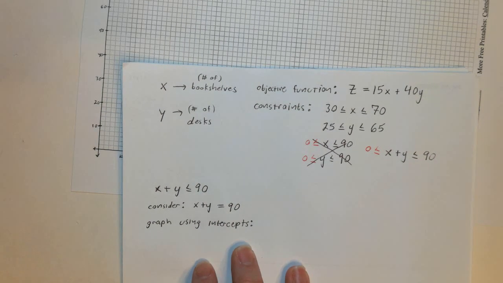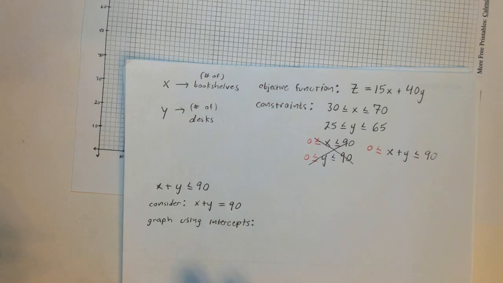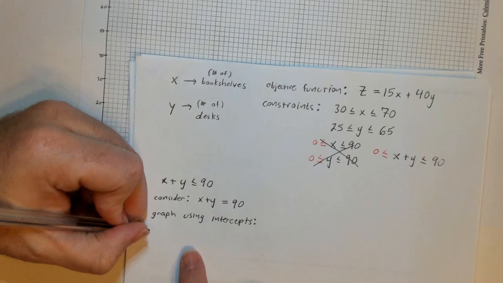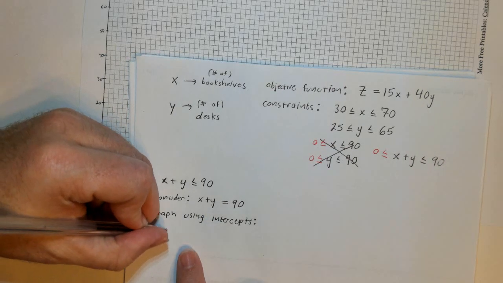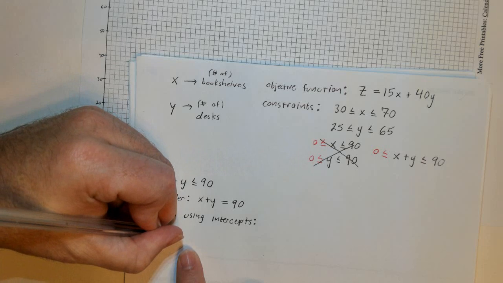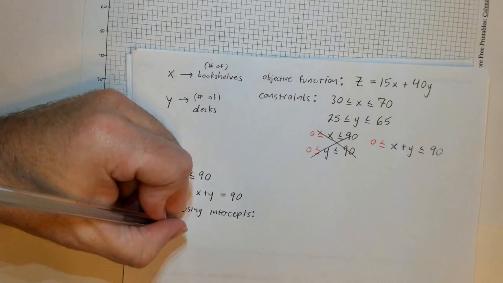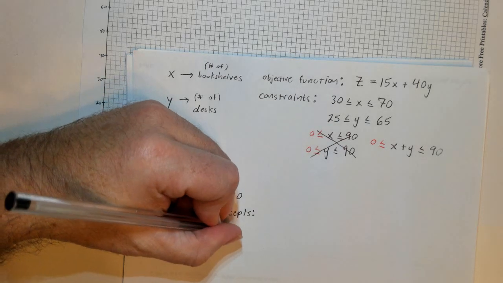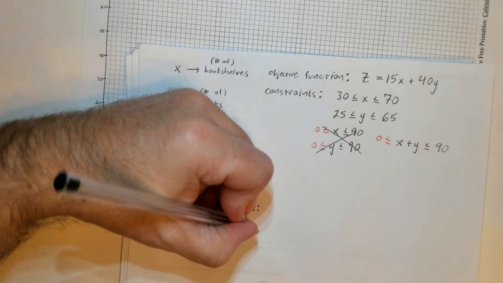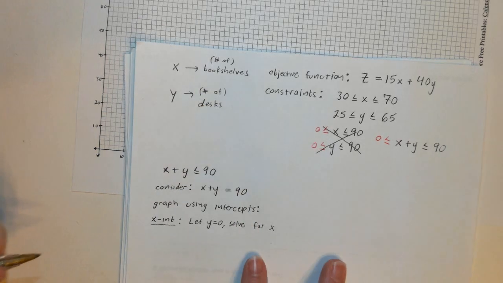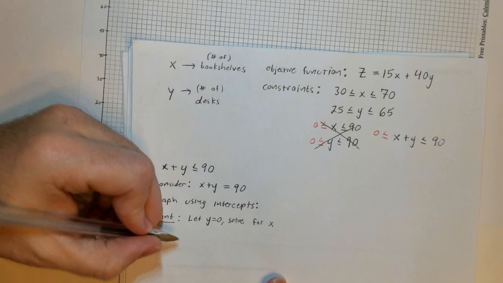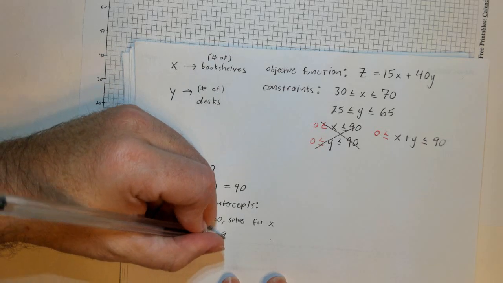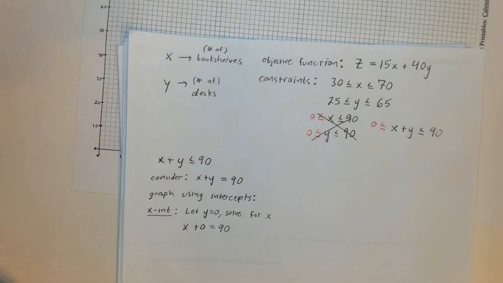By now you could probably do this without this work, but I'll do this kind of brief. I'm going to find the x-intercept first. The x-intercept is if we let y equal 0 and solve for x. So x plus 0 equals 90. So of course, x is equal to 90.